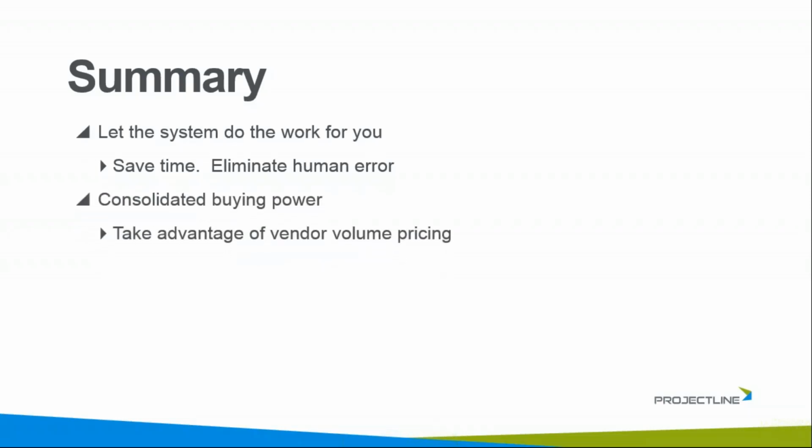We want to take advantage of consolidated buying power and vendor volume pricing. So if you can consolidate all of your purchase orders together, then you can go to your vendor and say, hey, here's a massive purchase order for all of these requirements over the next few months or so, and then you can get some volume pricing or better pricing from your vendors.